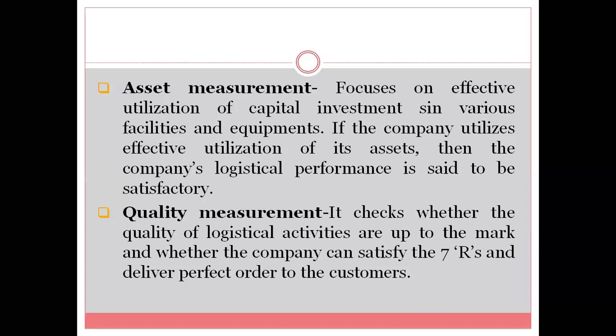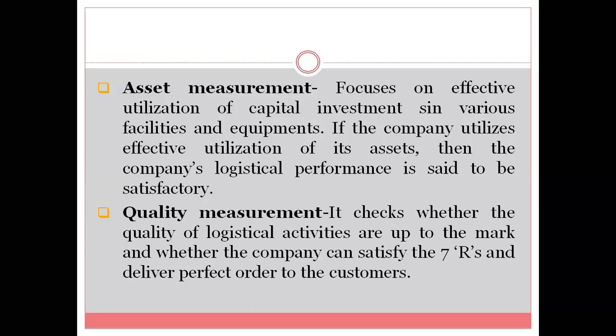Then next one is quality measurement. Quality measurements are designed in order to determine the activities of the organization. It checks whether the quality of logistical activities is up to the mark or not, and whether the company can satisfy the 7 R's, and whether it can deliver a perfect order to the customers. Yes, the 7Rs we have already seen earlier. Which are the 7Rs? Can anybody remember?